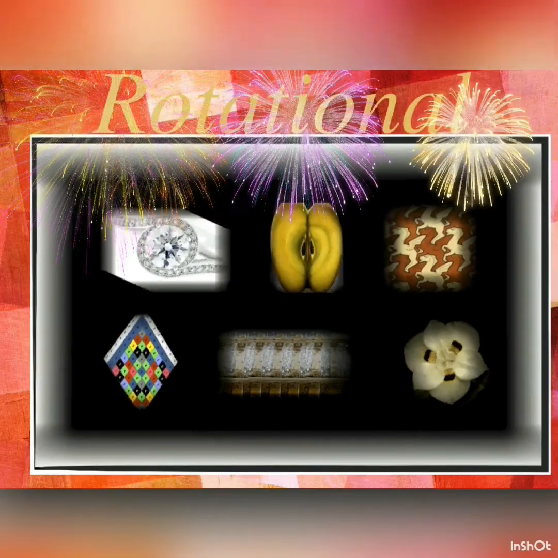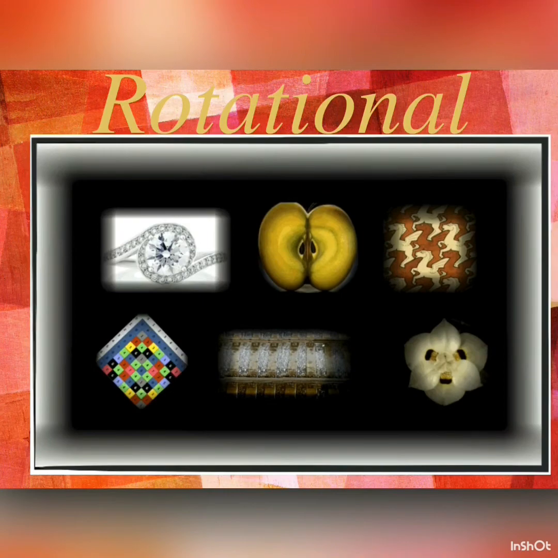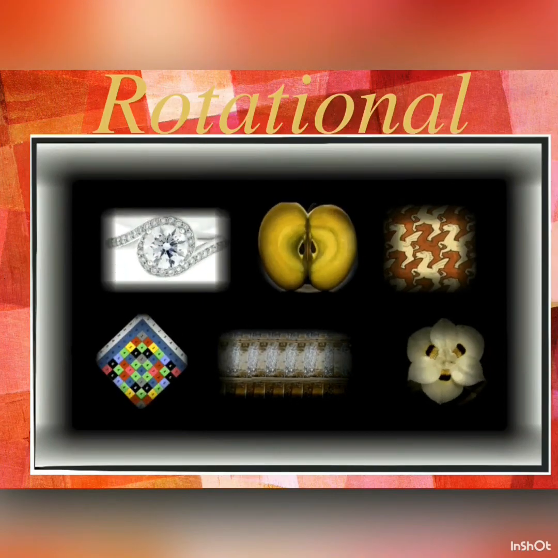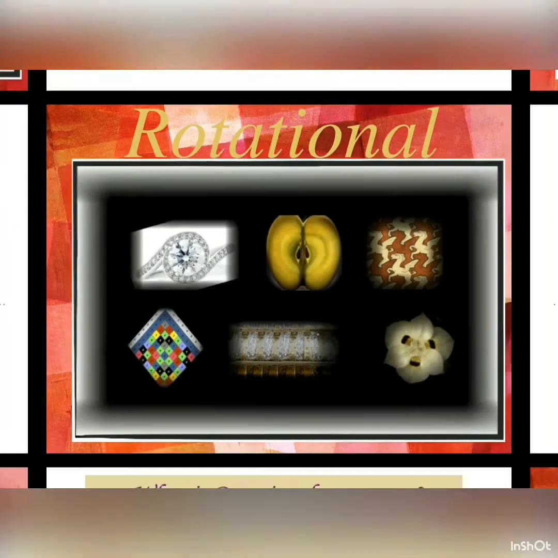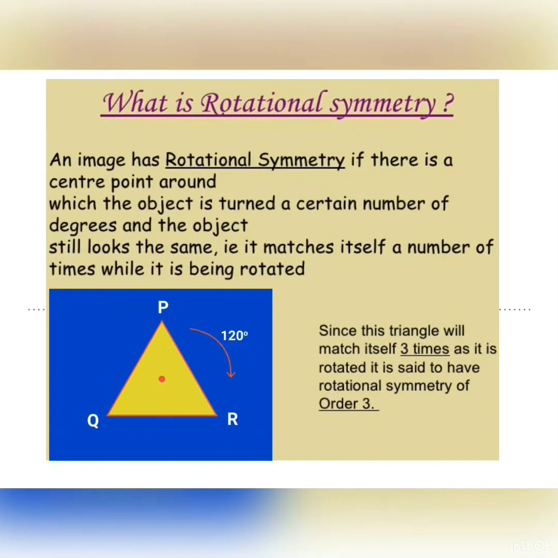Next is rotational symmetry. An image has rotational symmetry if there is a certain point around which the object is turned by a certain number of degrees and the object still looks the same. That is, it matches itself a number of times while it is being rotated.